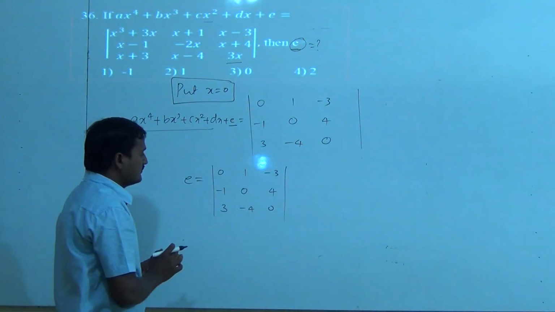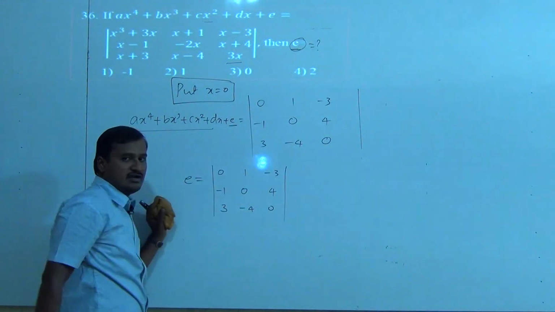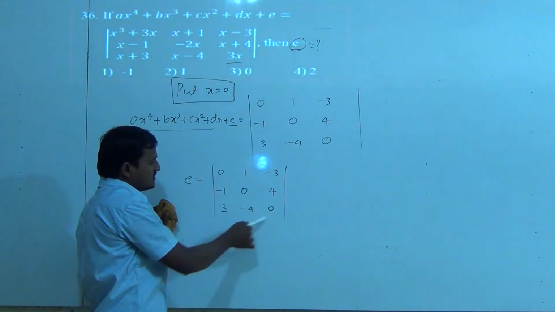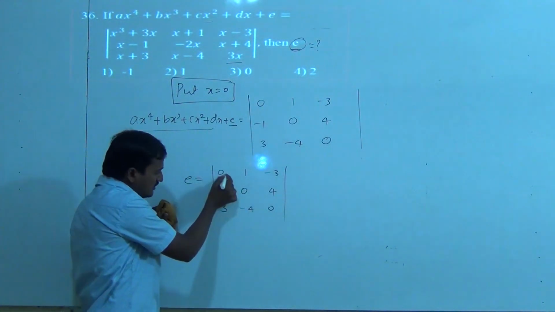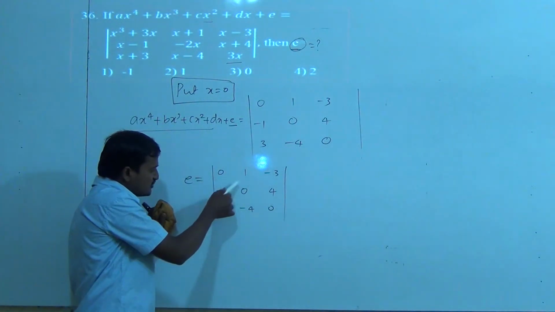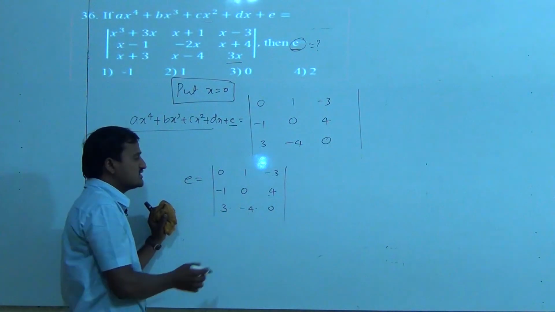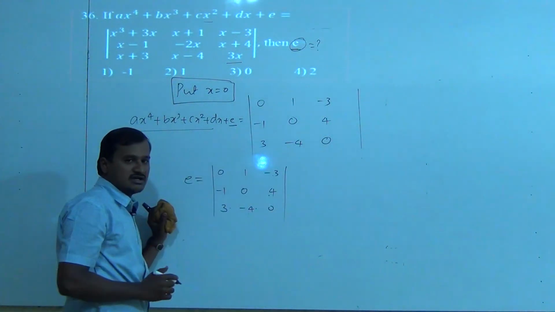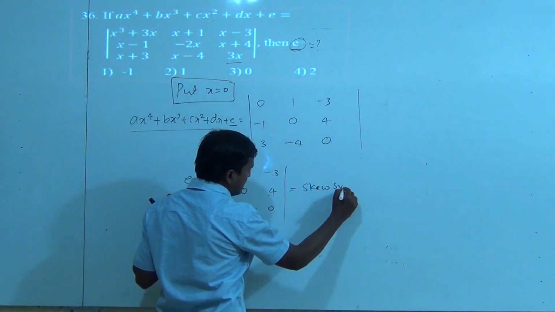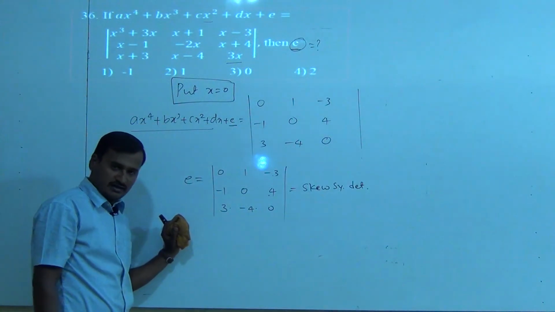Next, after substituting x equal to 0 in this determinant, you got this determinant. Here you should observe all the principal diagonal elements are equal to 0, and the other elements are the same with opposite sign. So clearly it is a skew symmetric determinant.